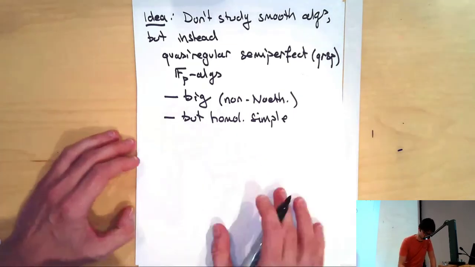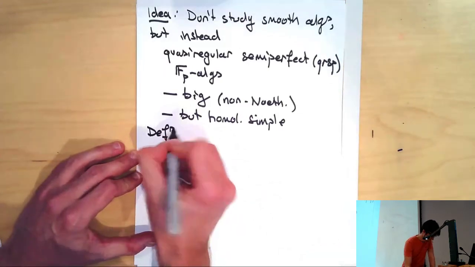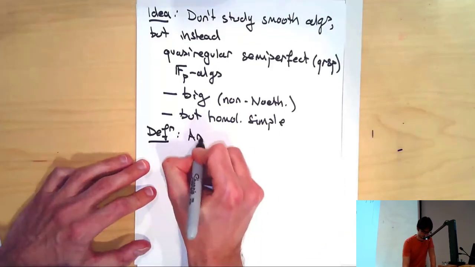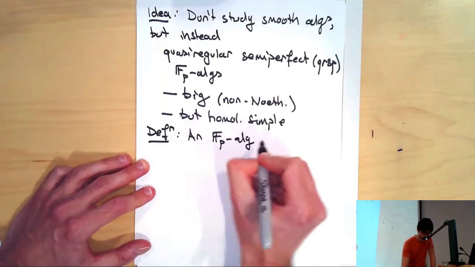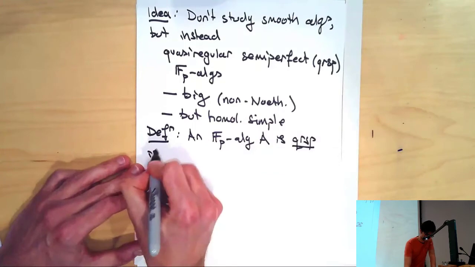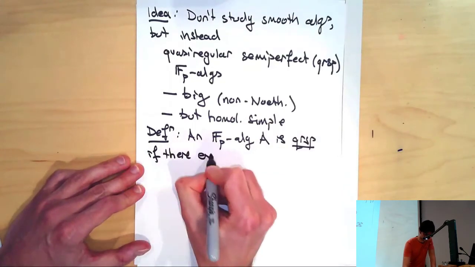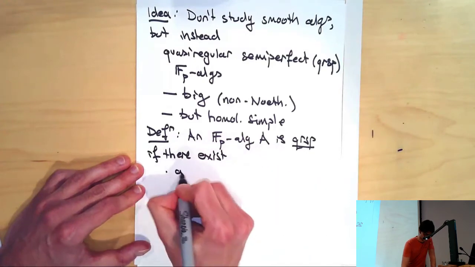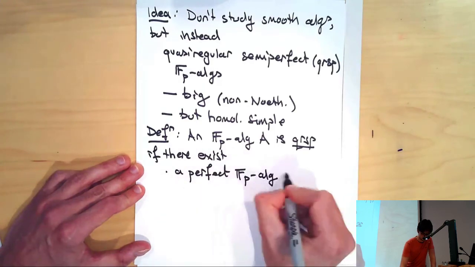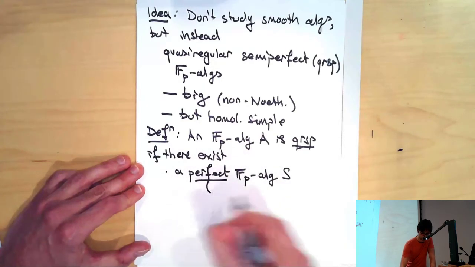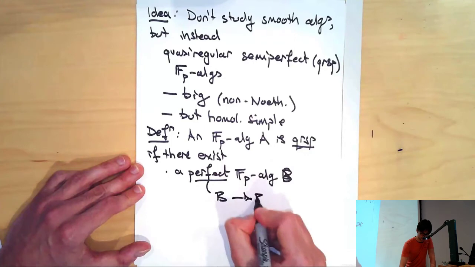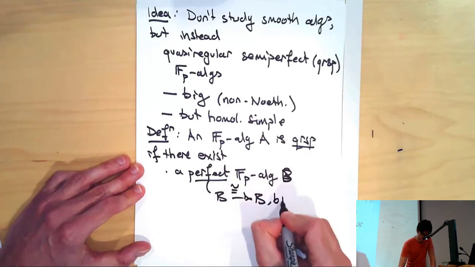So, that's enough for informal philosophy. Let's have a definition. So what is a quasi-regular semi-perfect ring? We say that an FP algebra A is quasi-regular semi-perfect if there exist some perfect algebra, let me call it B. That means that every element of B admits a unique p-th root.